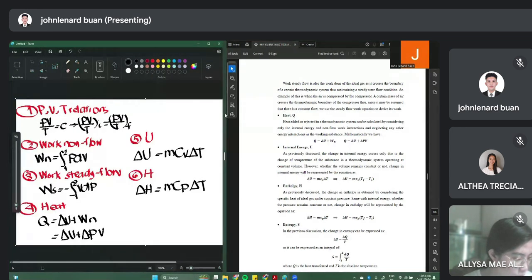And then lastly, we have the equation for entropy, or S.